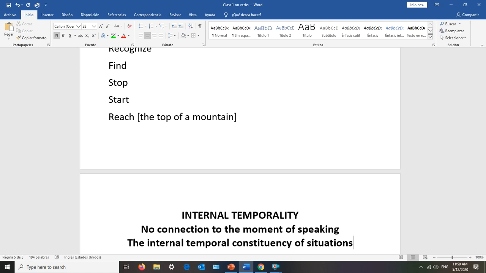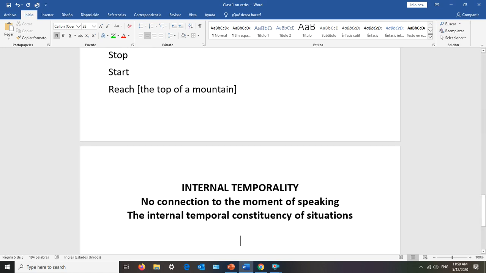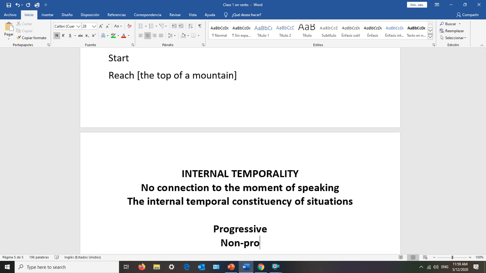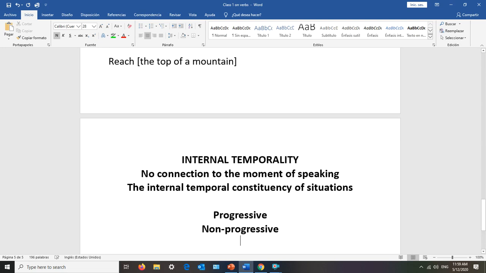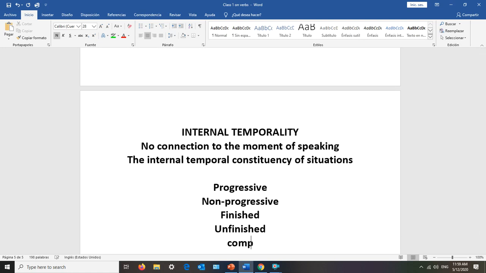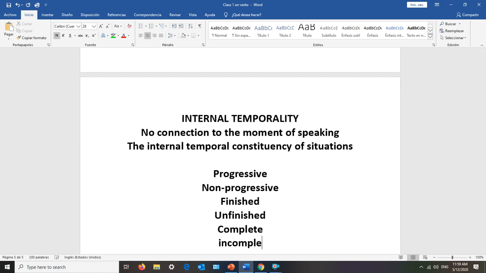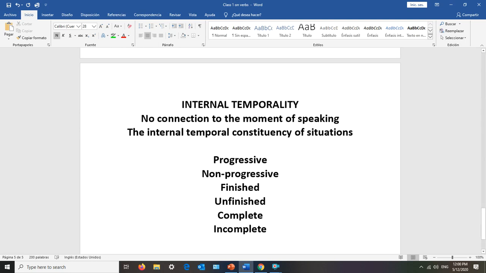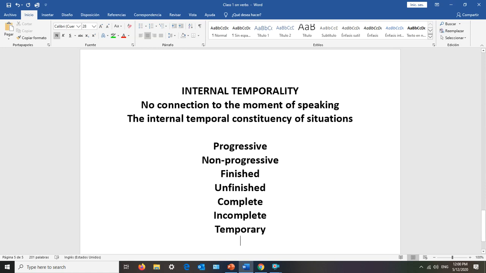So notions that you are acquainted with in terms of aspectuality are progressive, non-progressive, finished or unfinished, complete, incomplete, temporal or temporary, permanent.